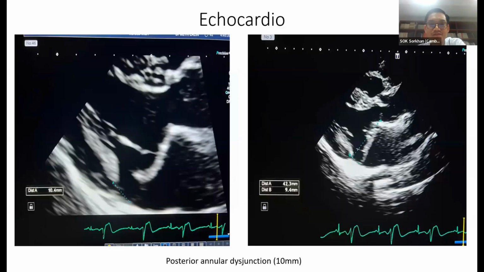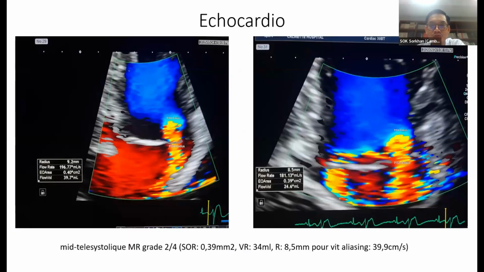And she had a posterior annular disjunction of 10 millimeters. So it's too long. With mitral regurgitation grade 2, with mid-telesystolic. So we think it is moderate MR, with the bileaflet mitral prolapse.